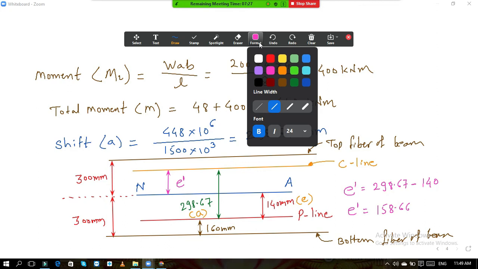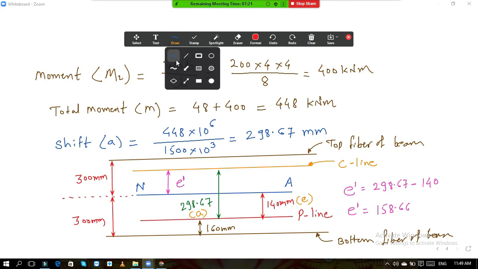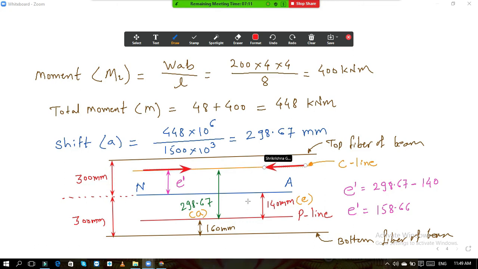Now again, if you see your C force, where is the C force acting? This is the direction of the C force. Here your C force will be there. Now again, as I have explained earlier, if you rotate this C force towards the neutral axis, then it will try to bend down the neutral axis.